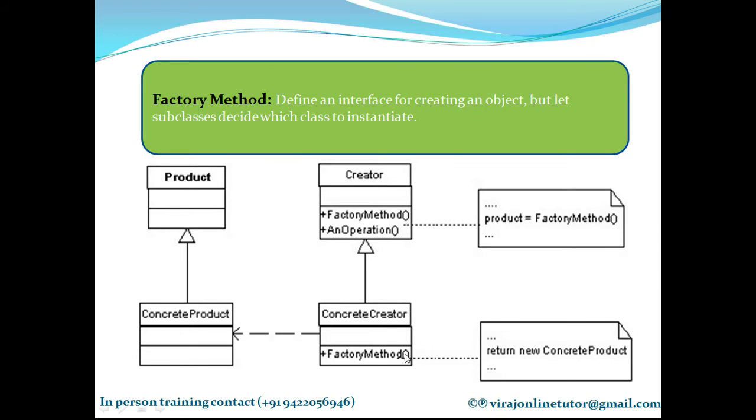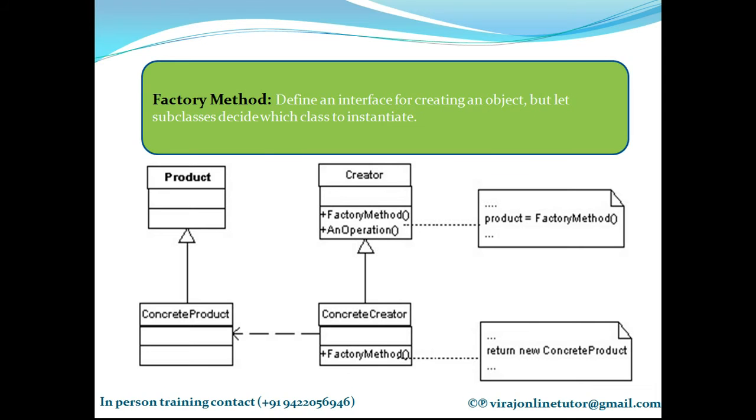I repeat, we can pass a parameter here and write code inside this function saying if that parameter has a value 1 in it, then return new concrete product 1, and if this parameter contains a value 2 in it, return new concrete product 2. So based on certain logic, I am deciding which new concrete product to return. Getting my point? So the entire logic of creation of which new object resides inside this factory method definition.